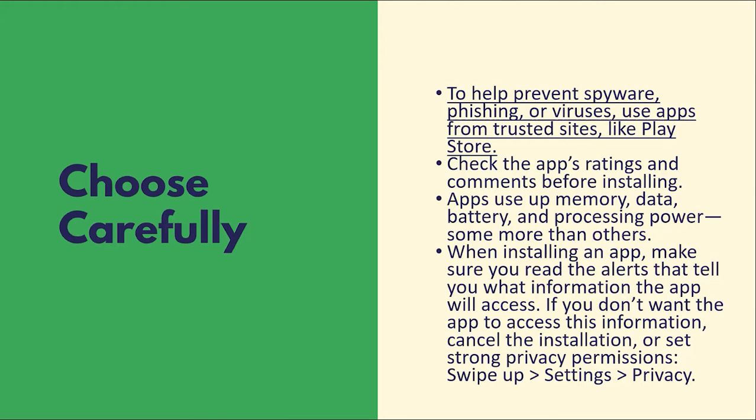You should choose carefully when you want to download an app. Moto really recommends that you use the Google Play Store to download your apps because it helps keep you safe from spyware, phishing, viruses, and other things. So for best results, stick to the Google Play Store.